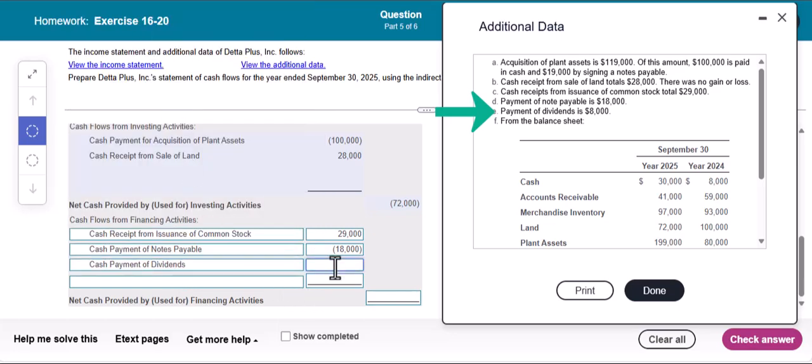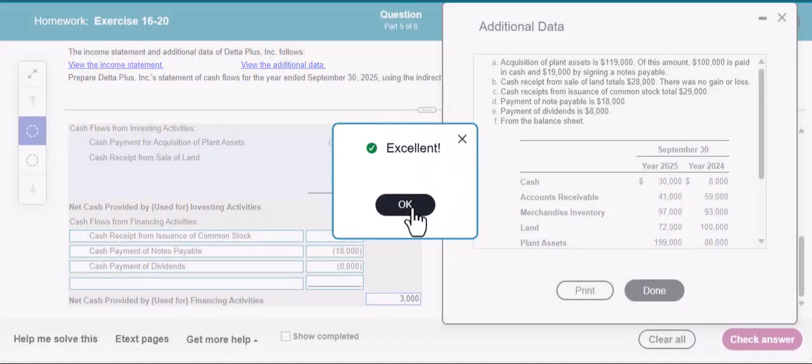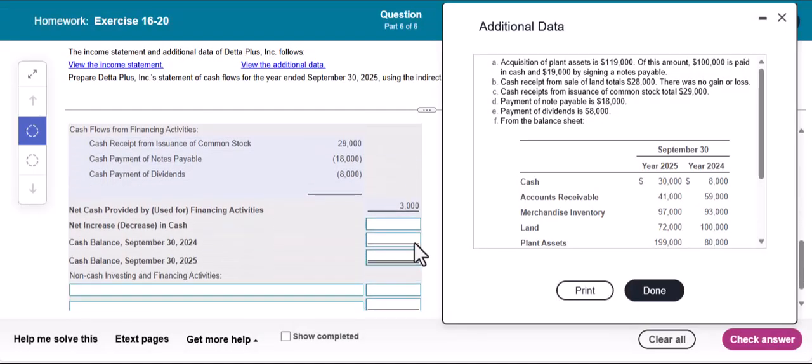That will make that a negative $8,000. So now we're done with the financing activity section here. So we'll add those up, and that is going to be a positive $3,000 for the net cash provided by the financing activities. Let's go ahead and check our answer. Excellent.